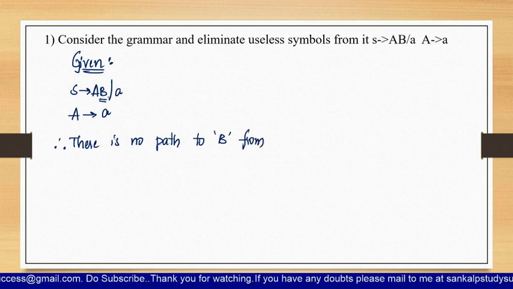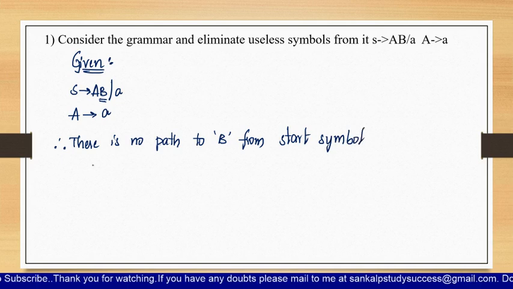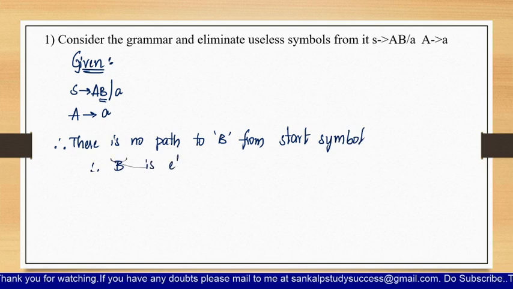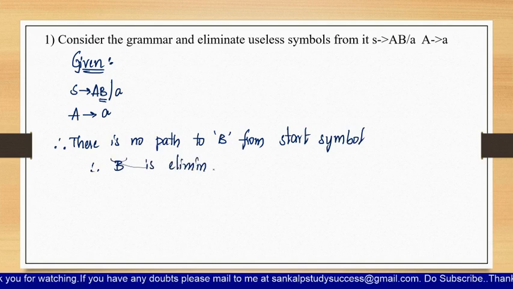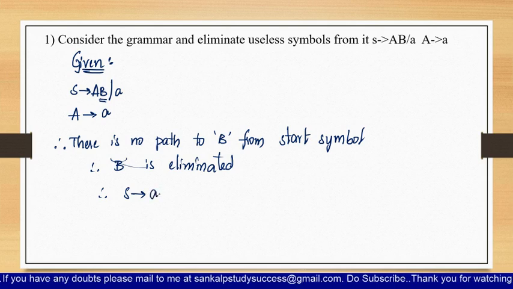From the start symbol there is B, but there is no path to B in order to continue the procedure. So, what will happen if there is no path from the start symbol? Then B is eliminated. Here B is eliminated. So therefore, you are going to get S tends to just small a.